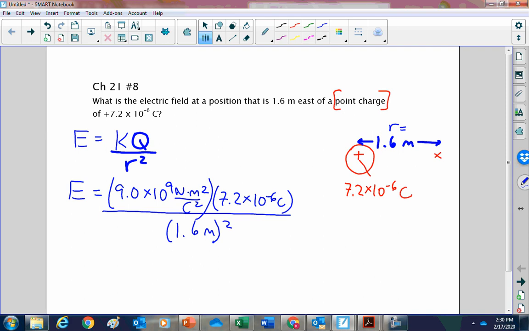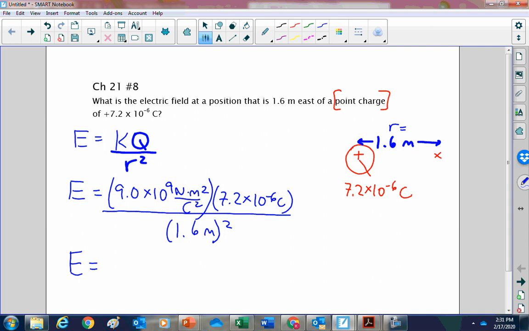Okay, and the difference here is that we're not including how big the test charge is or any charge that would come into this field, because we're just calculating how big the field is that is caused by this big point charge.